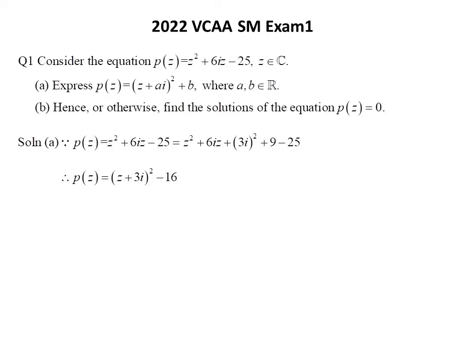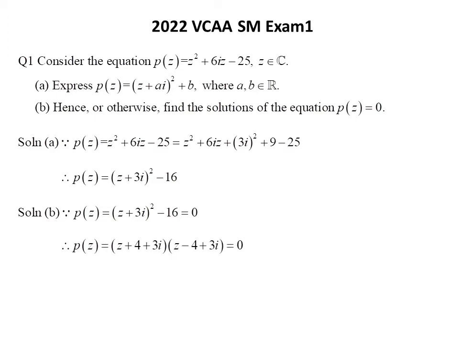Now we move on to part B, which is to solve the equation p(z) = 0. Since p(z) = (z + 3i) squared - 16, which comes from part A, according to the difference of two squares formula, it can be factorized to (z + 4 + 3i)(z - 4 + 3i), which equals 0.